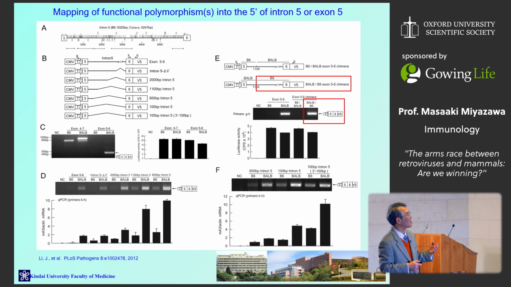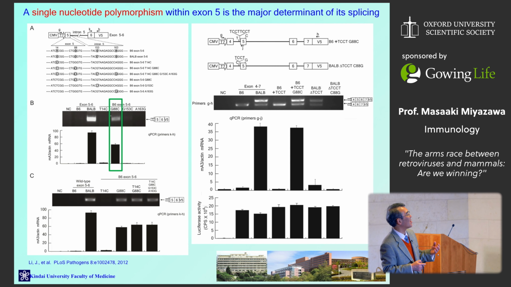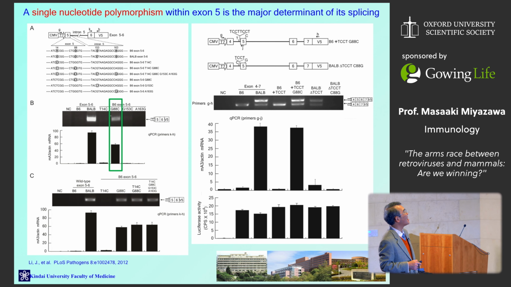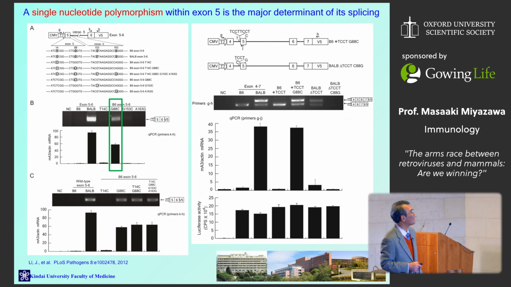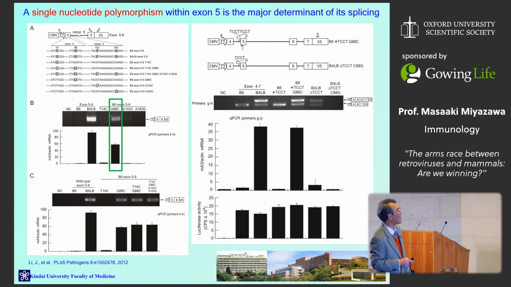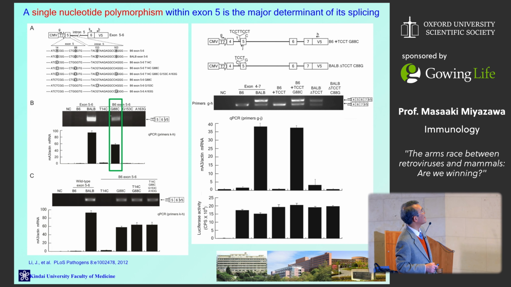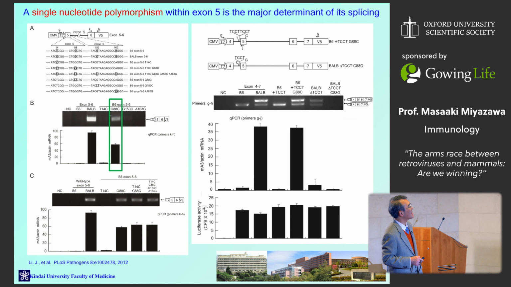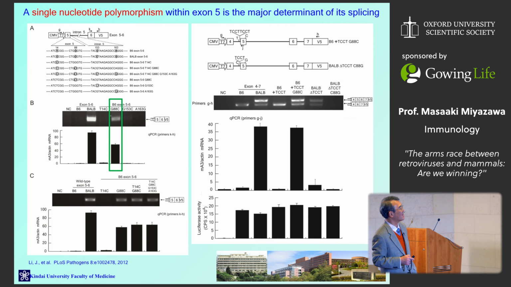And to make the long story short, our conclusion was that the single nucleotide substitution observed within exon 5 is responsible for the presence or absence of exon 5. For example, here, if we have the substitution of G to C at position 88 of the resistance allele, it induces the inclusion of exon 5.